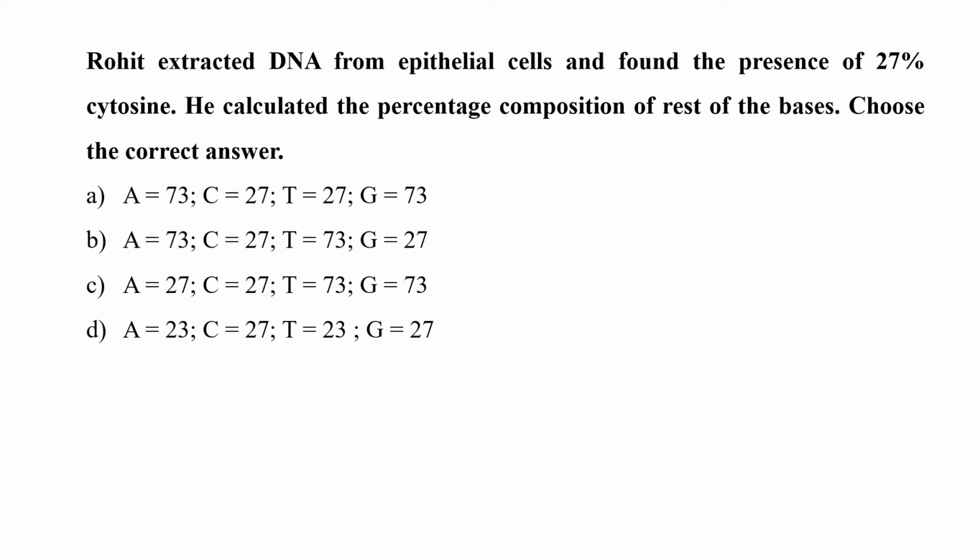My next question is, Rohit extracted DNA from epithelial cells and found the presence of 27% cytosine. He calculated the percentage composition of the rest of the bases. Now we have to choose the correct answer.